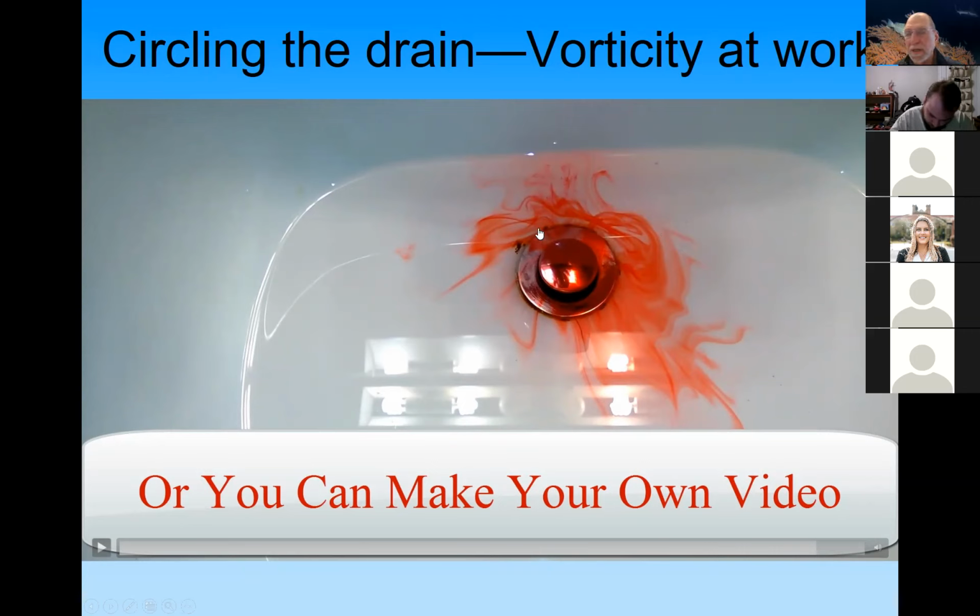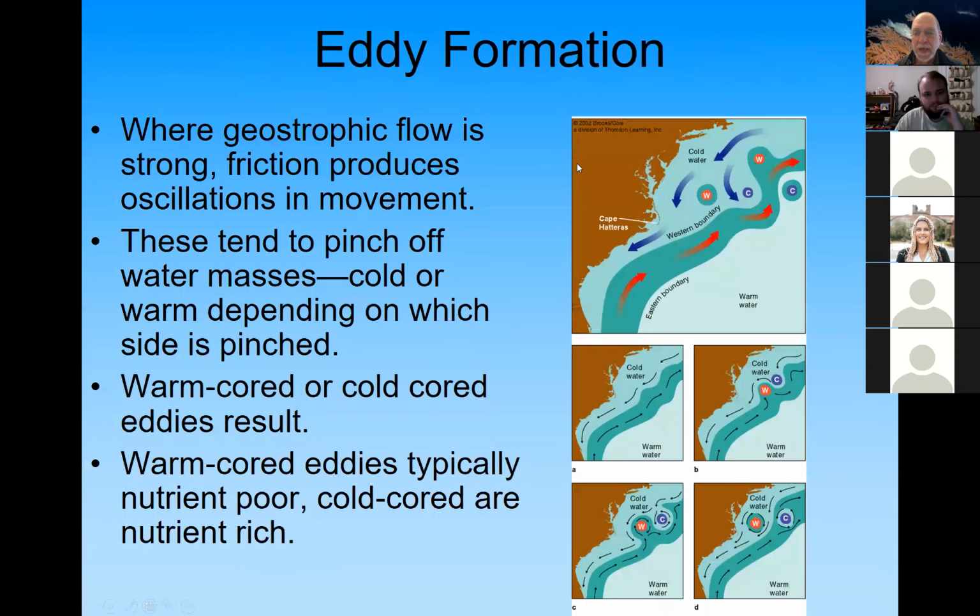Okay, a little bit more. Let's take this concept of rotating water masses and the consequence of rotating water masses and try to explore some other examples. So we've talked about these flows of water, and so let's look at a western boundary current, the western boundary, and so here's the Gulf Stream flowing along the east coast of the U.S. And so as it moves, it's interacting with cold coastal water.